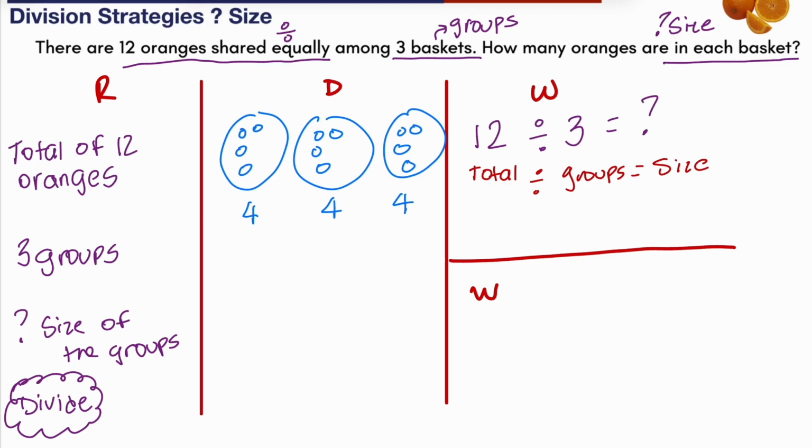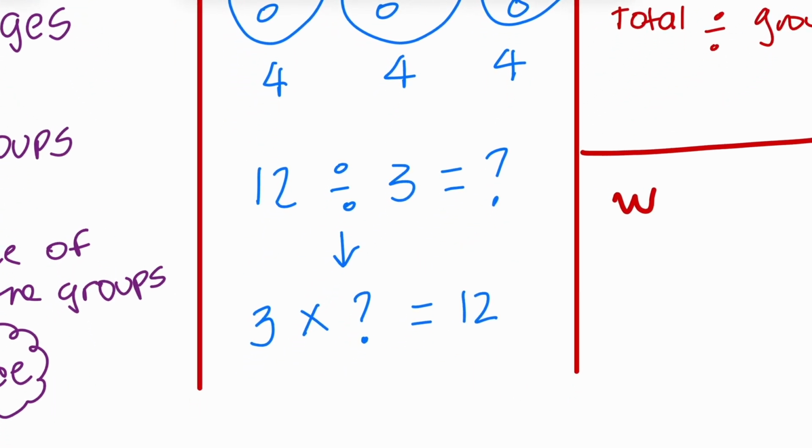Okay? So we can also use inverse operations by using our multiples of 3. So if I do 12 divided by 3 equals blank, I can also set this up and flip this as 3 times blank equals 12. This is what we call inverse operations. Now we're getting into the multiplication aspect.